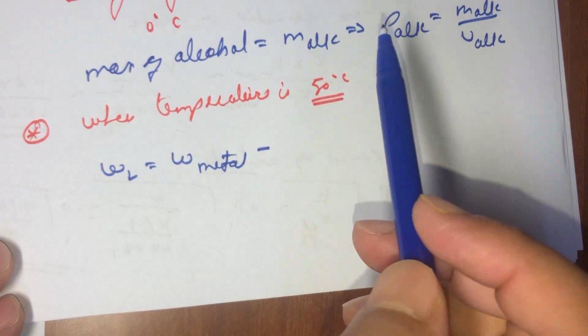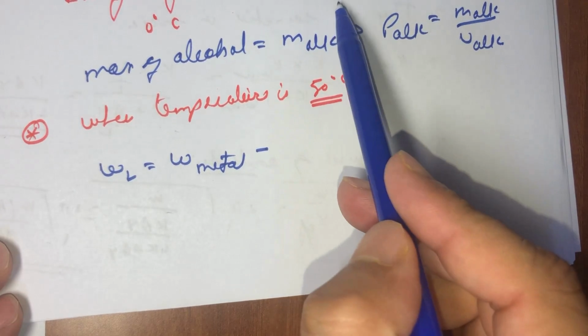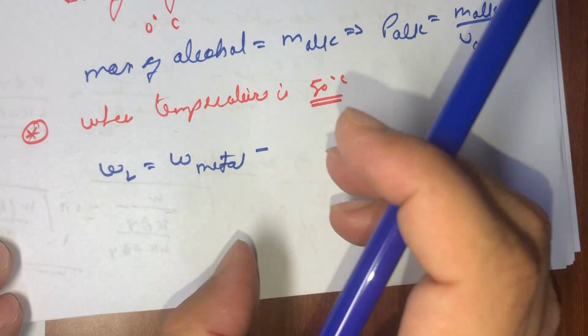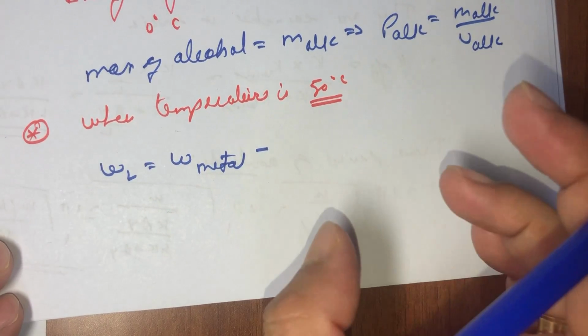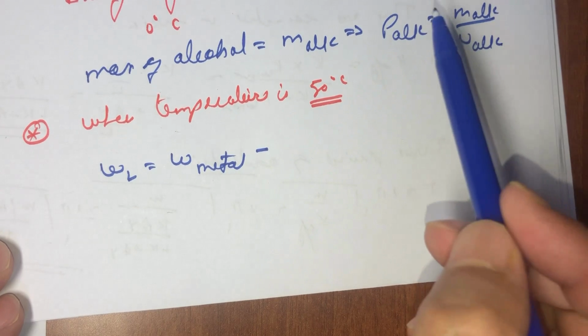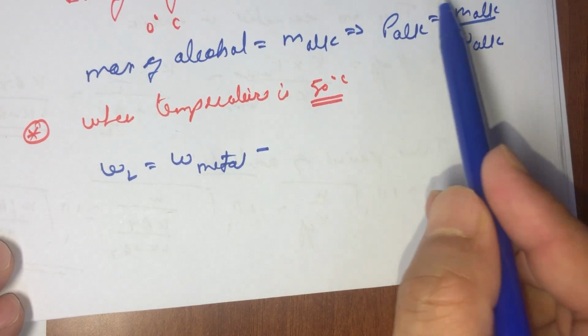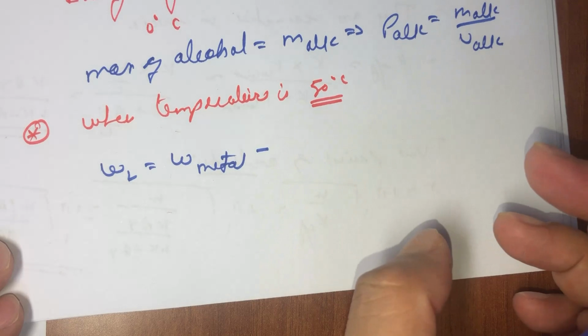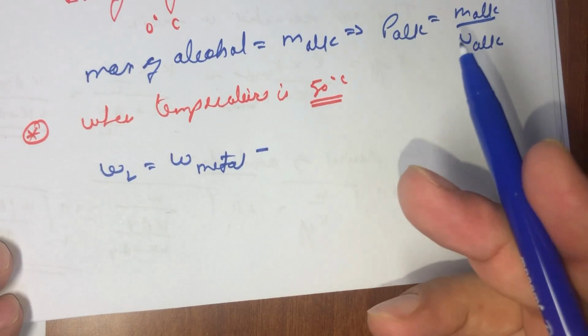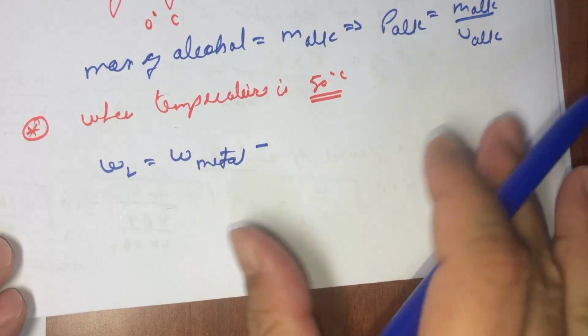We are going to convert this V metal from 0 degree centigrade to an expanded version at a temperature of 50 degree centigrade, and similarly we are going to write this rho alcohol in terms of the mass and volume at 50 degree centigrade.